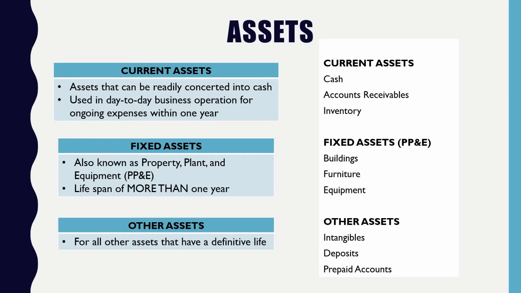Plant is going to be your building, so everything that's inside your building, your furniture, your lamps, your countertops, your desks, okay, and equipment is any machinery that helps you produce your product or helps you run your business, okay?